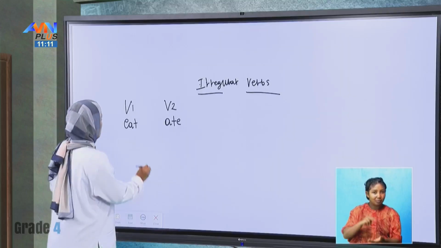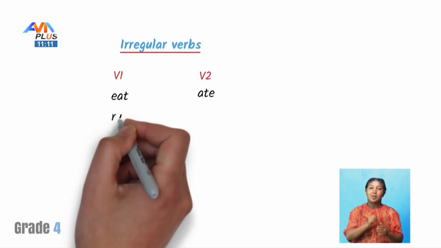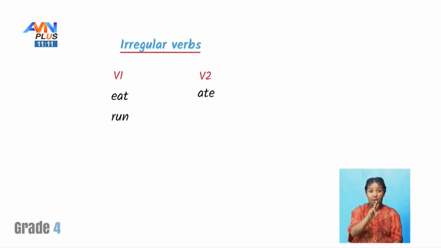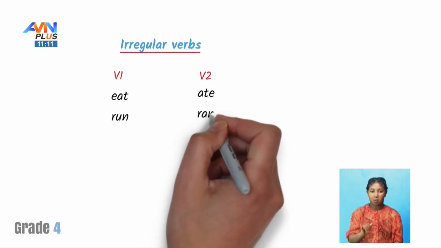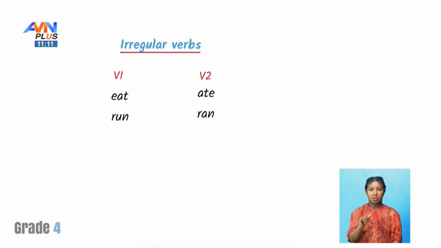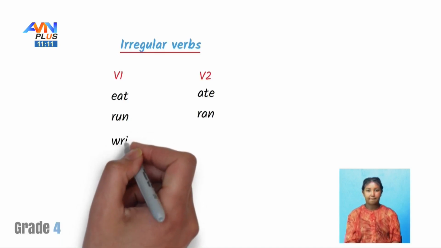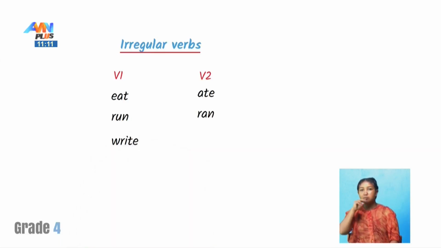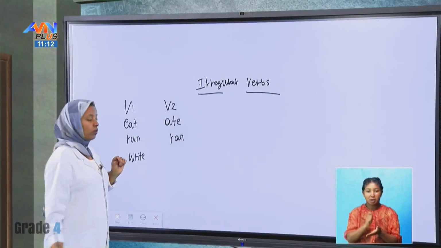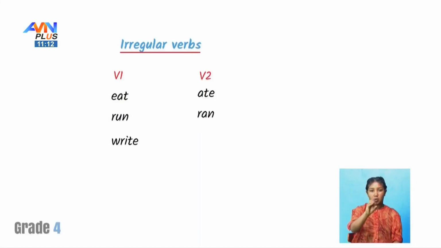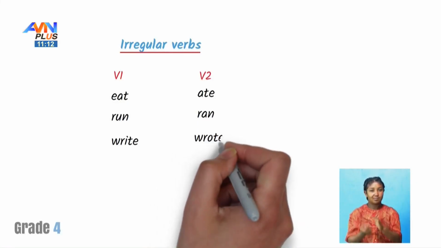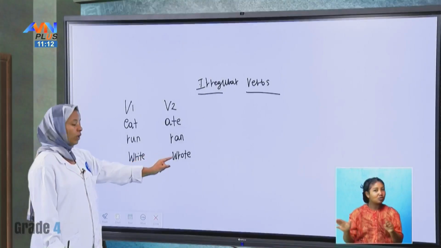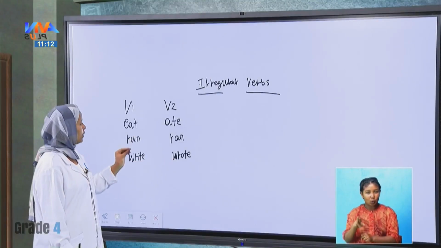Let us continue. Here, run. Ran. Let us add one more. Write. What are we going to see? Wrote. Look, with these verbs, we change the whole word or some letters. Look here.